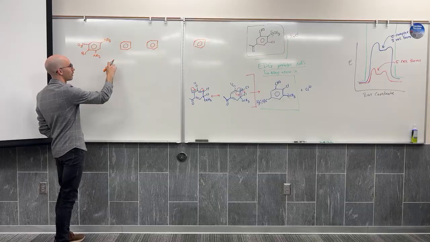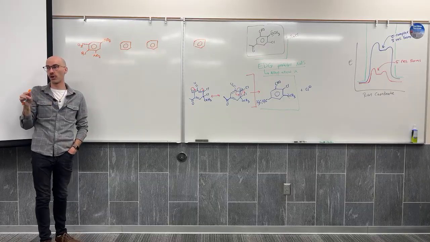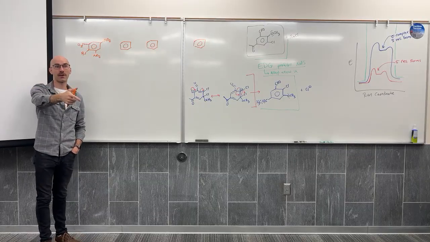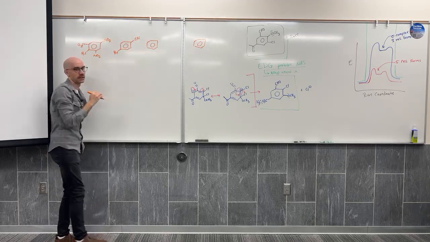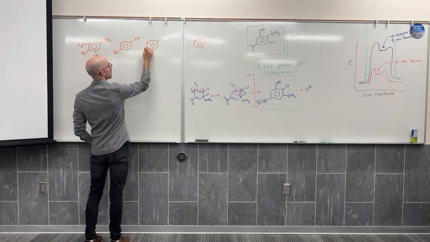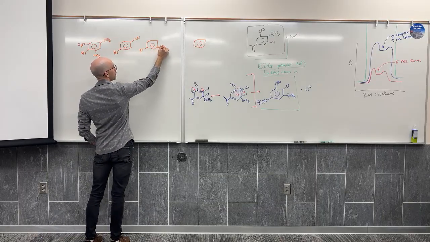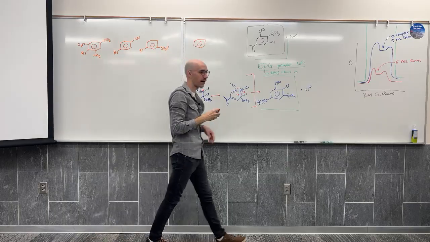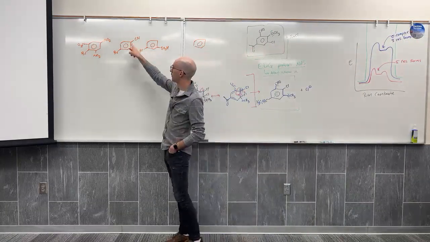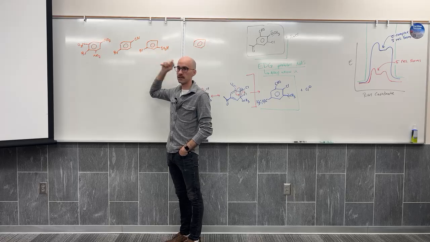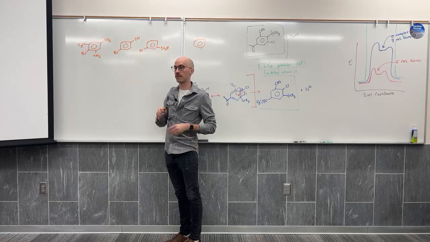So here we have 1-bromo, 4-cyano, or para-bromo-cyano-benzene. And this took second place over meta-bromosulfonyl benzene. Why? Placement. Same number of electron withdrawing groups, but the placement of the electron withdrawing groups.